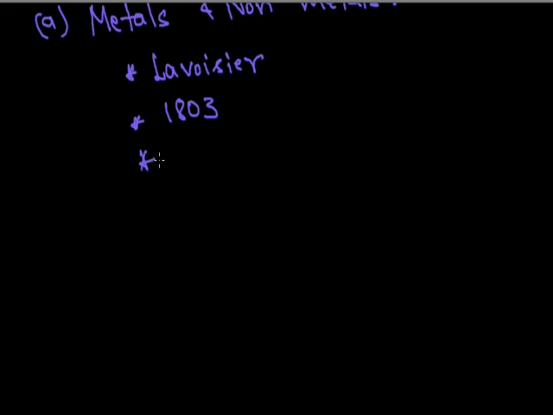John Dalton published a table of relative atomic weights, which formed the basis of classification. After this, then came the classification by Dobereiner.